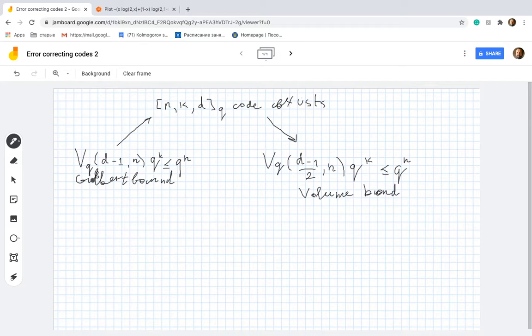Usually one takes the log base q and then divides by n, and so both bounds look in the logarithmic scale like that. Log q of the volume of the radius d minus 1 ball over n plus k over n is at most 1, and here we have the same expression, but the radius is twice less.